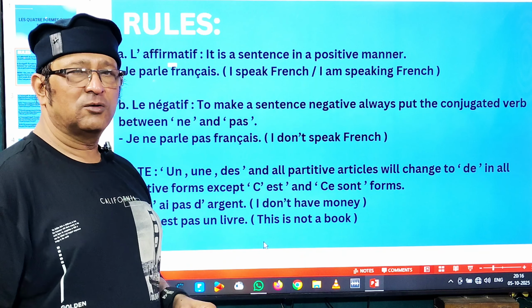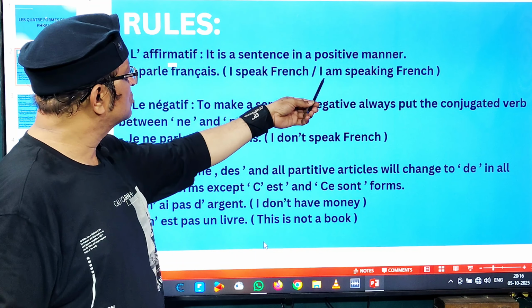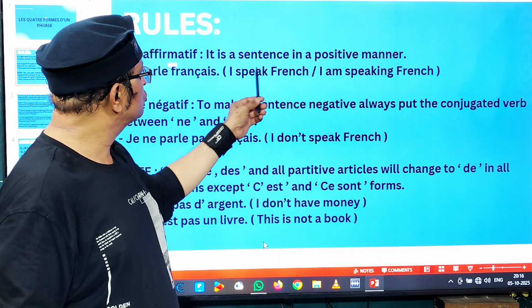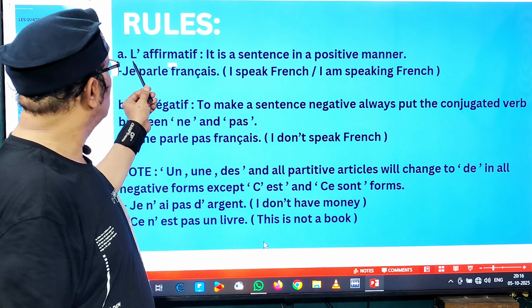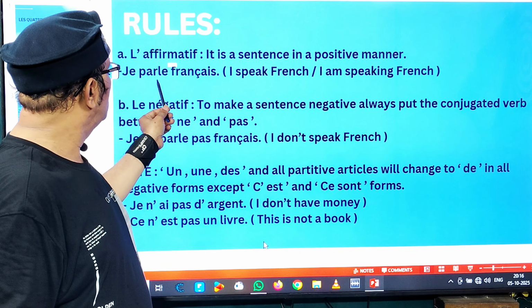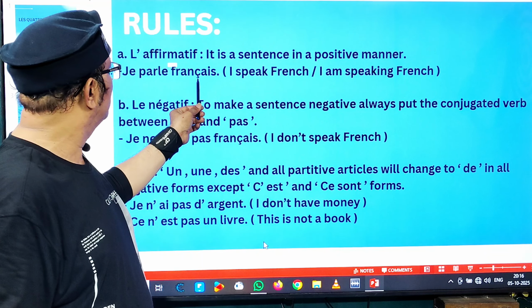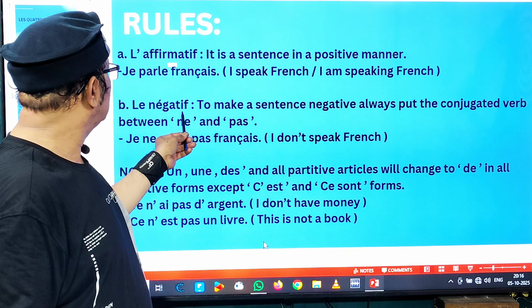We only have to conjugate the verb in the present tense, le présent de l'indicatif, and we will get present continuous as well as simple present tense. Affirmative sentence, l'affirmatif, that is je parle français. This is the first form. Now the second one will be le négatif.